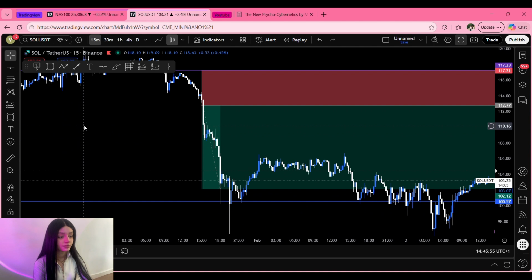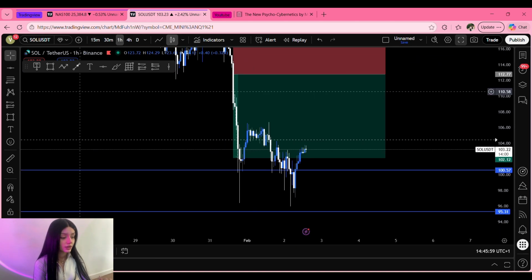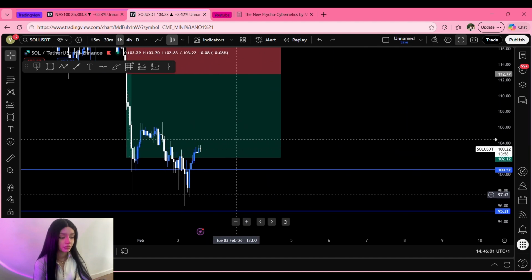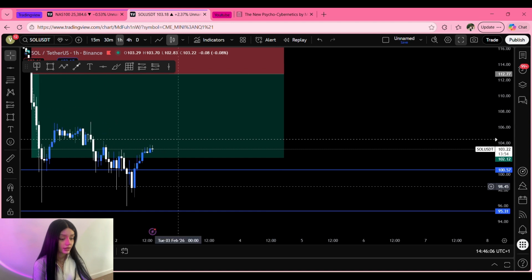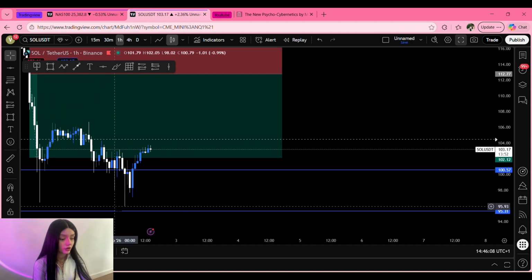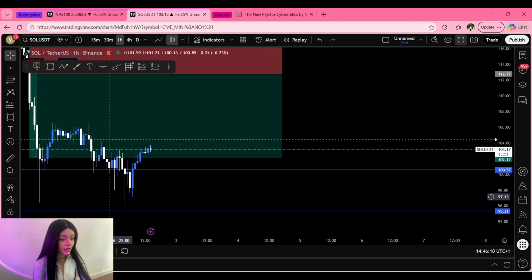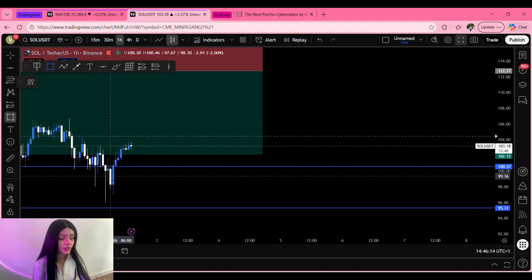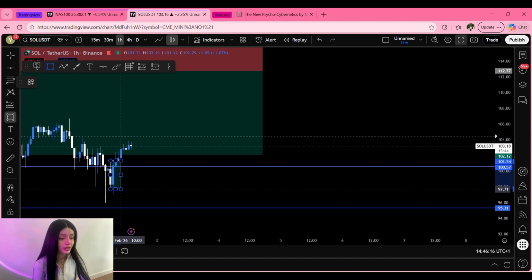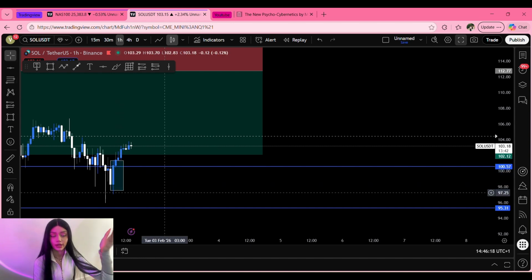Currently, my thought process on it is, yes, we did sweep a pretty good amount of liquidity from this low again, and we do have this engulfing blue candlestick here, so we might consider opening a long position sometime in the future.